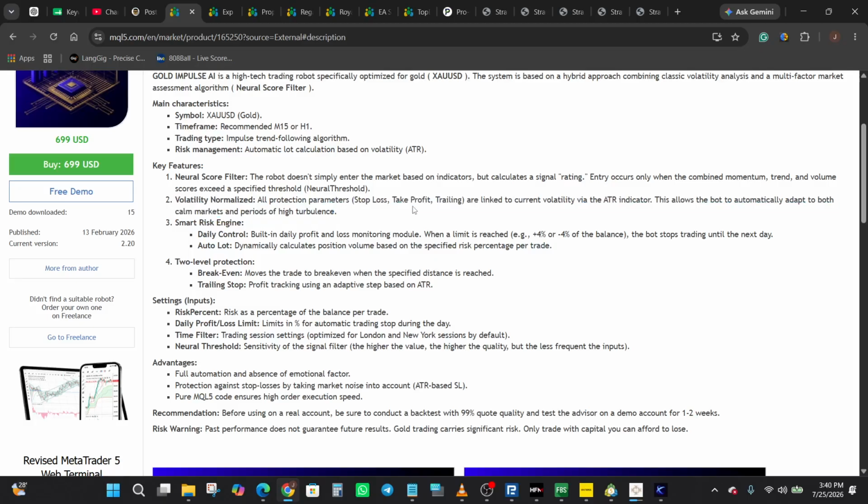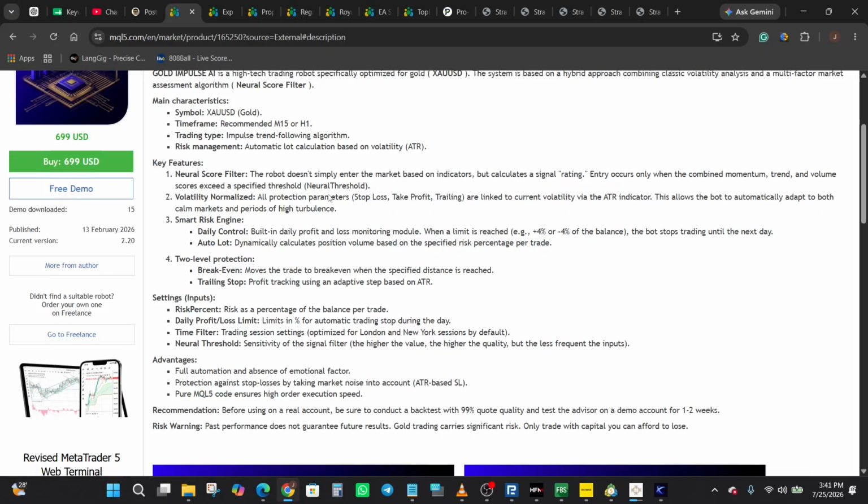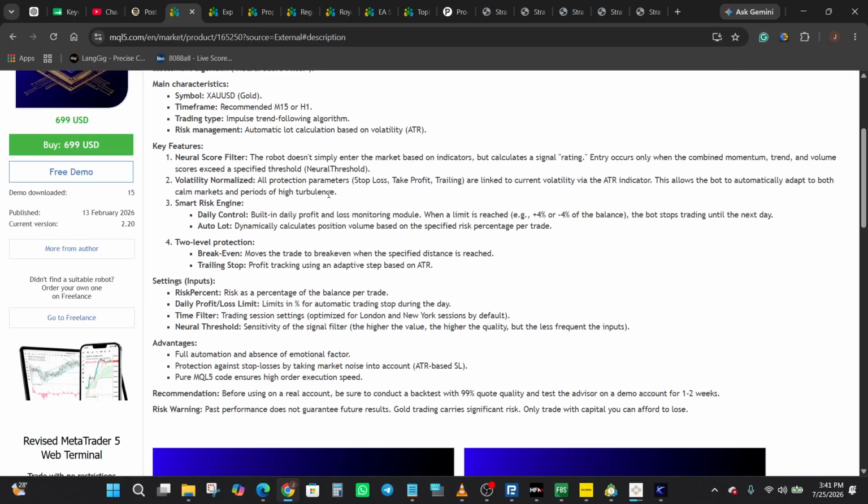Protection parameters like stop loss, take profit, and trailing stop are tied directly to market volatility. This design allows the EA's protection levels to expand during volatile conditions and contract during calmer periods, taking market noise into account rather than using static point distances.